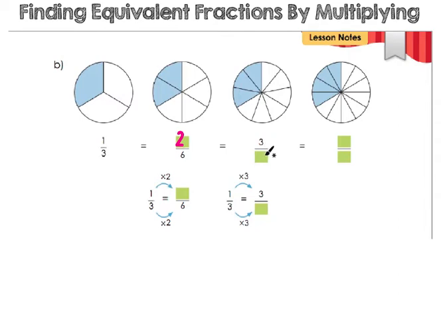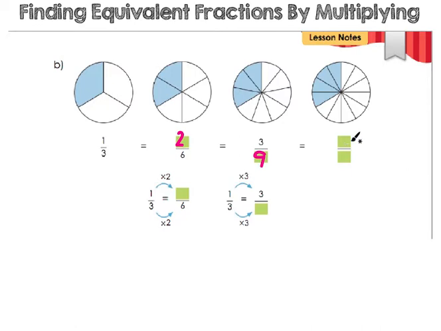Okay? 9. Yeah, let me double check. 1, 2, 3, 4, 5, 6, 7, 8, 9. Yeah. Okay. So 1/3 equals 2/6 and it equals 3/9.